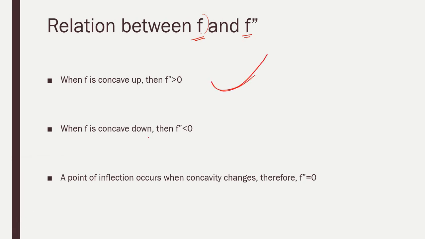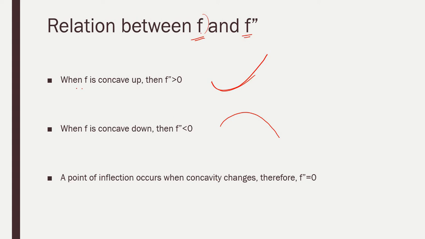Concave up. When f is concave up, then f double prime is greater than 0. When f is concave down, then f double prime is less than 0. Okay?